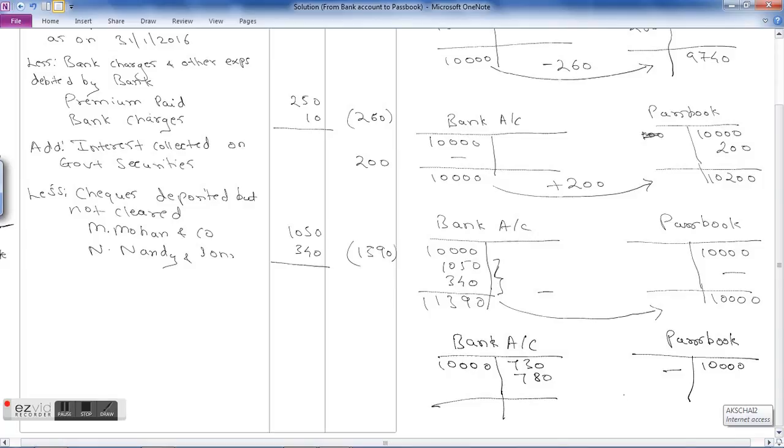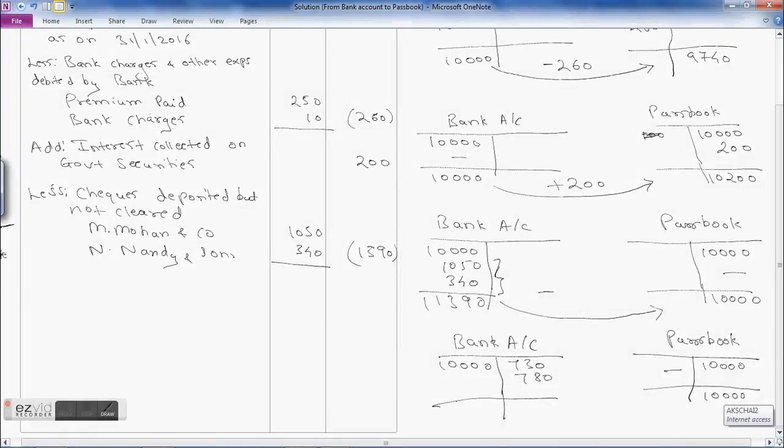So what you will do is 10,000. Correct? Now 10,000 minus 730 minus 780. So the amount comes to 8490. But as per your bank passbook, it is 10,000. So you have to add both this amount. So we'll put it as add checks issued but not cleared.